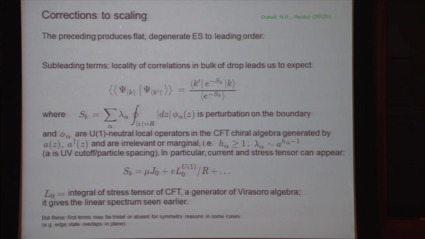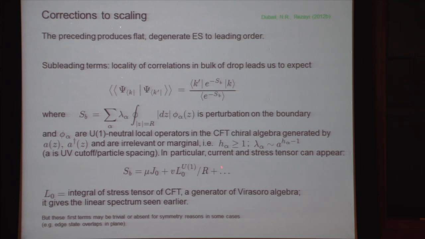If all I have is the stress tensor term here, then with this perturbation, L0 is diagonal if I use the right basis here. That gives me exactly the linear spectrum that I was hoping to get earlier. Okay? And the mu J0 term, although it's perfectly allowed, sometimes it's absent for symmetry reasons. Its only effect is to shift the value of the charge Na in the ground state. So that's a rather uninteresting effect.